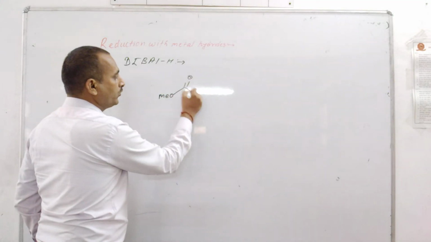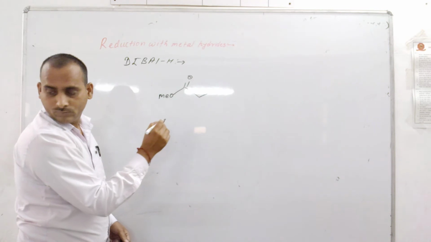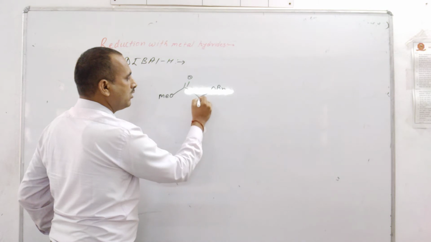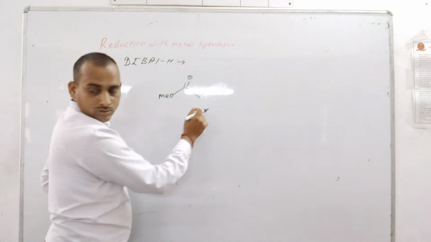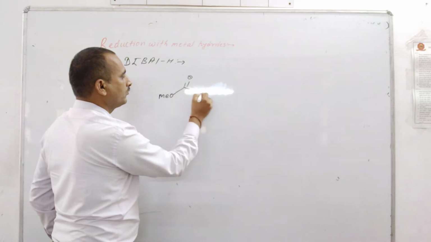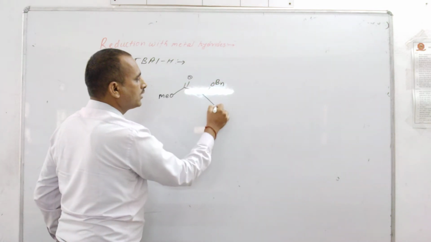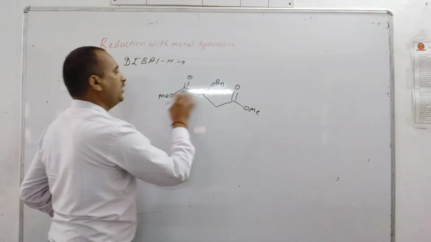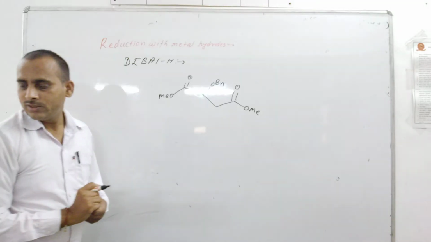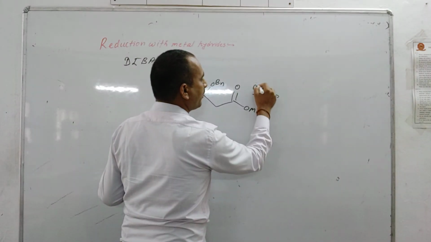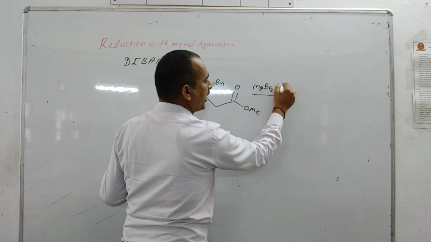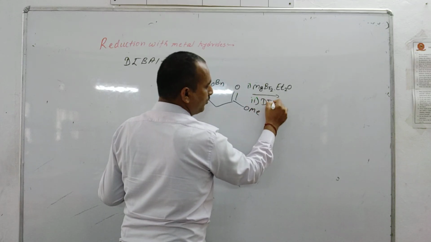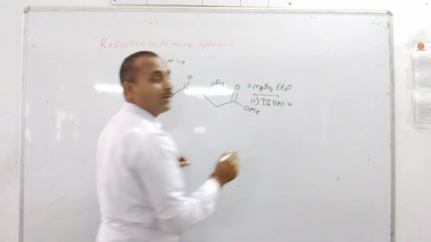MeO, C double bond O, OBn, C double bond O, OMe. So there are two ester groups, and in presence of chelating agents such as magnesium bromide in diethyl ether, followed by diisobutyl aluminum hydride, followed by reductions.